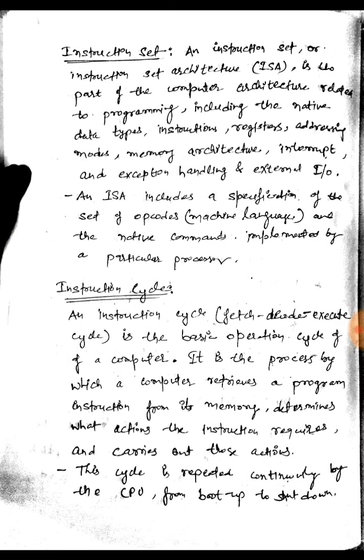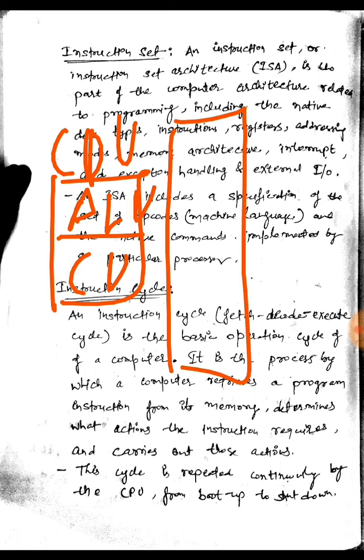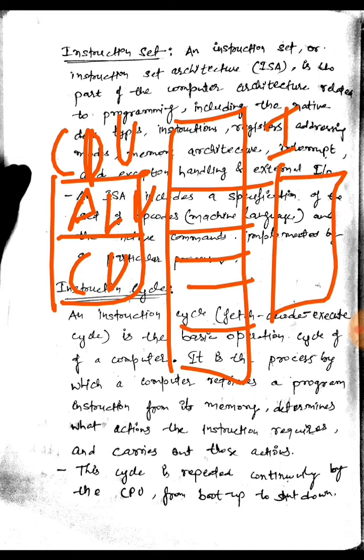Then we have instruction set. Instruction set or instruction set architecture is the part of a computer architecture that relates to programming, including the native data types, instructions, registers, addressing modes, memory architecture, interrupt and exceptional handling, and external input output device. Basically, if this is our CPU, which consists of ALU and control unit CU, then we will be having the memory and input output devices.